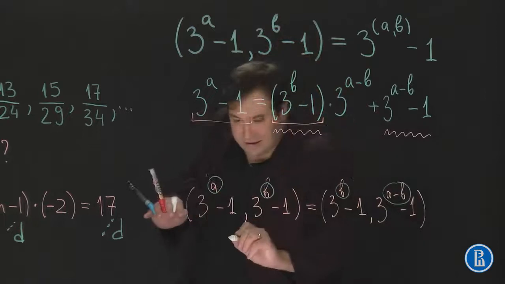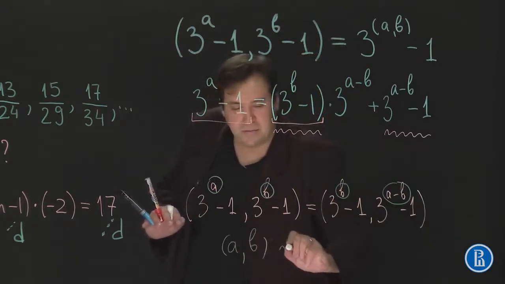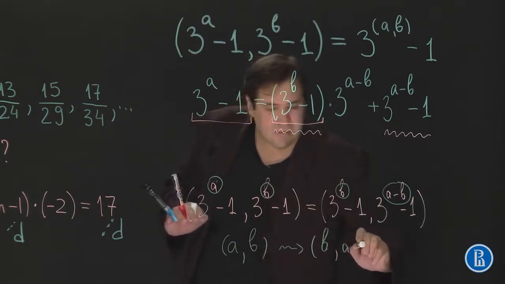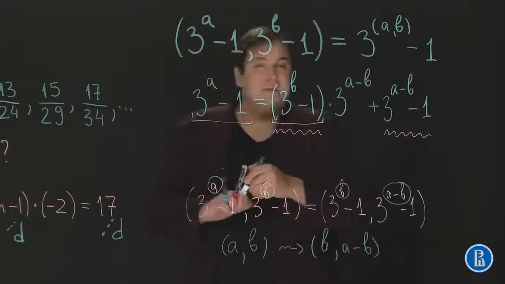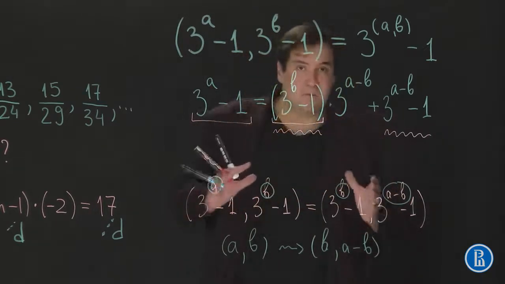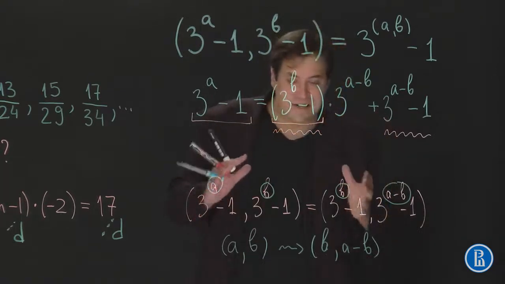Now recall that substituting the pair (a, b) by the pair (b, a minus b) is actually one of the forms of the Euclidean algorithm on the ring of integers.